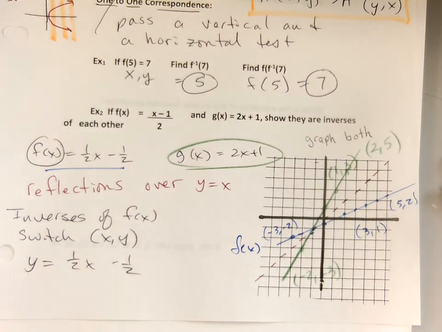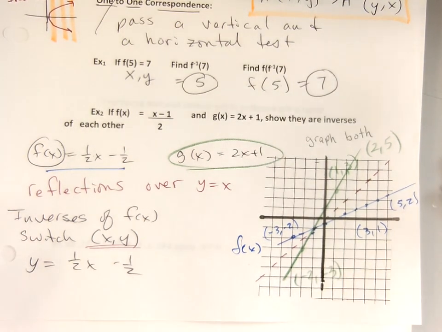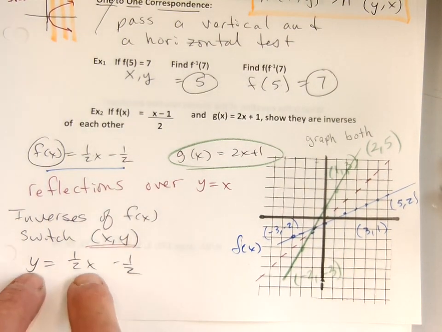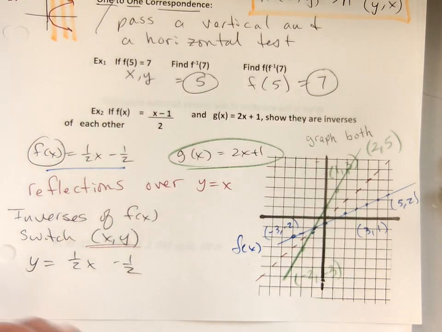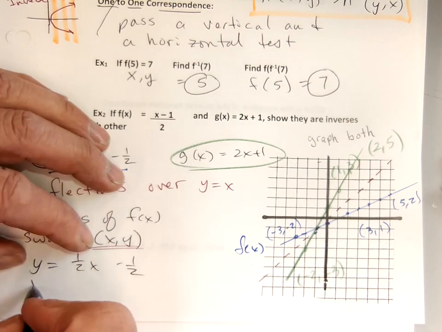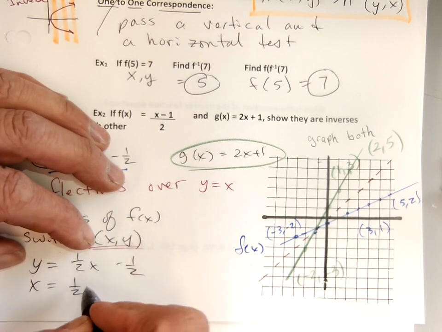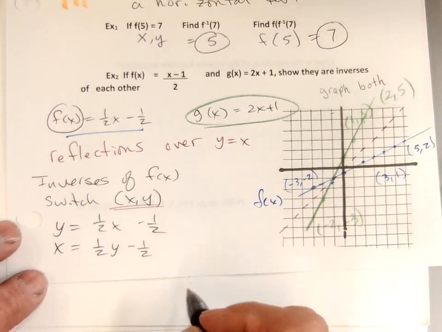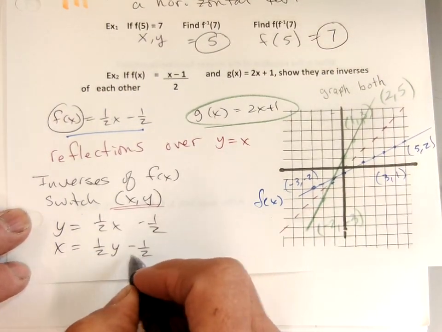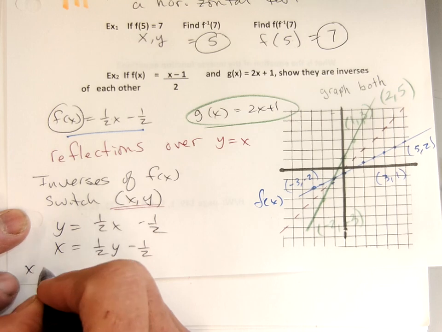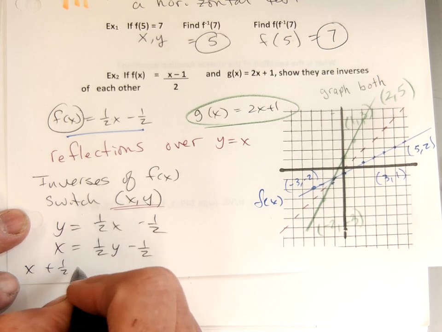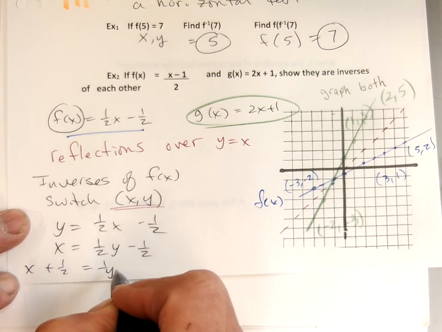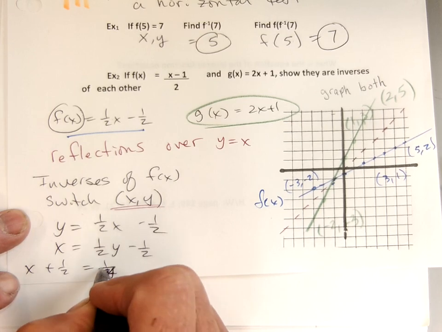And now I said I want to switch x's and y's. So I'm going to switch the x and y variable. If I switch the x and y variable, I'm switching all of the points. So y becomes x, and x becomes y. And let's solve. So plus 1/2, I'd have x plus 1/2 equals 1/2 y.